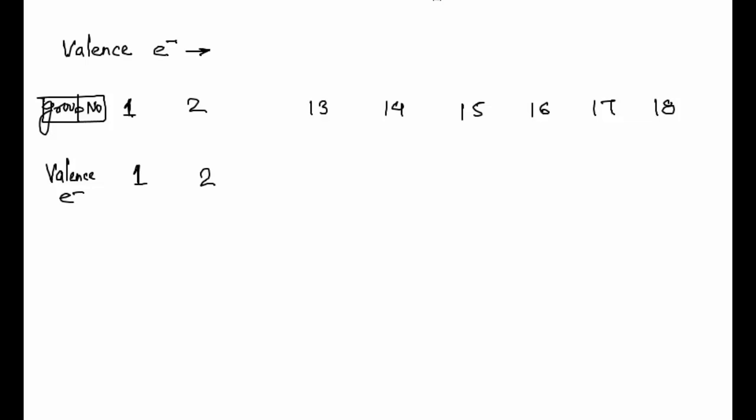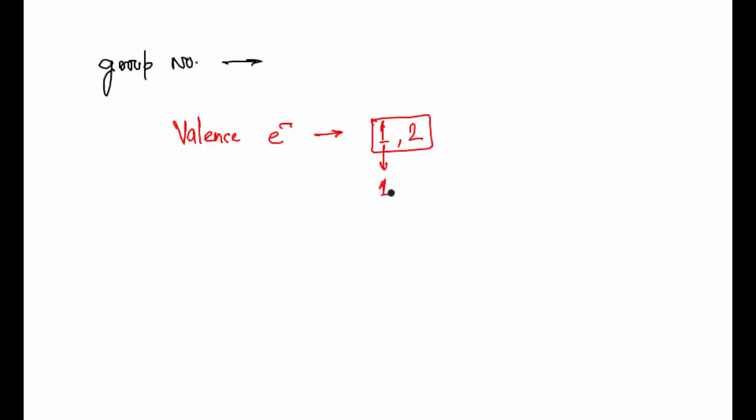To find the group number, first you have to calculate the valence electron. If it is 1 or 2, your group number will be the same: if valence electron is 1, group number is 1, and if it is 2, group number is 2.